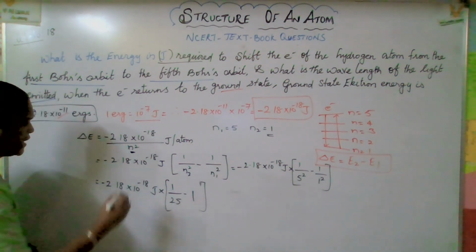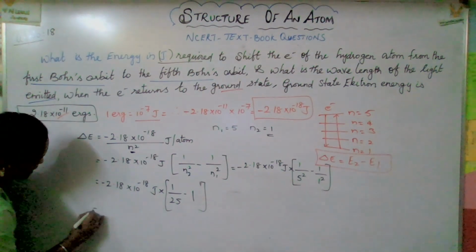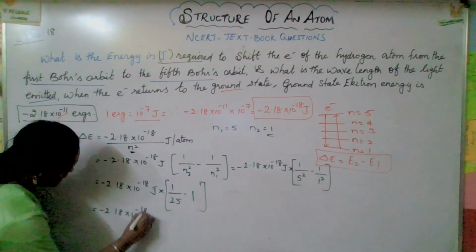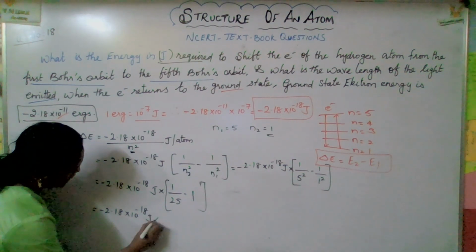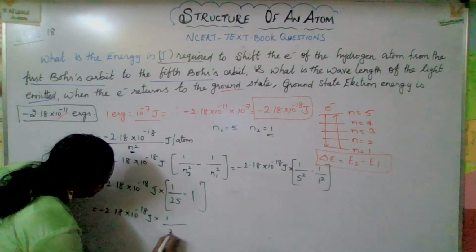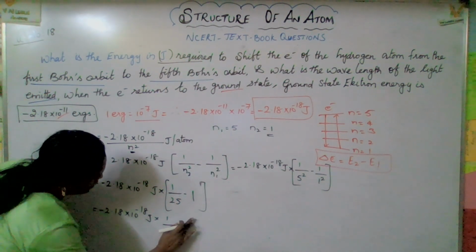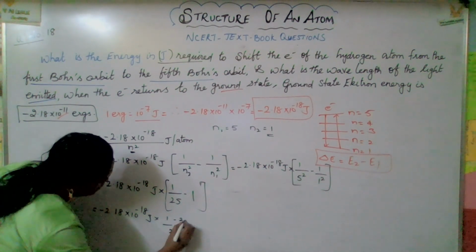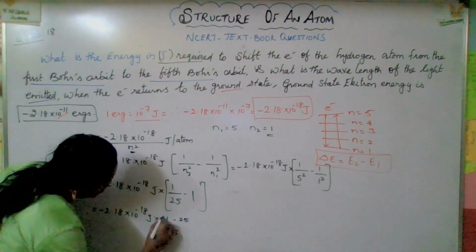Okay, now let us take the LCM and find the answer. Minus 2.18 into 10 to the power of minus 18 joule into 1 divided by 25 minus 1, that means what? Minus 25.